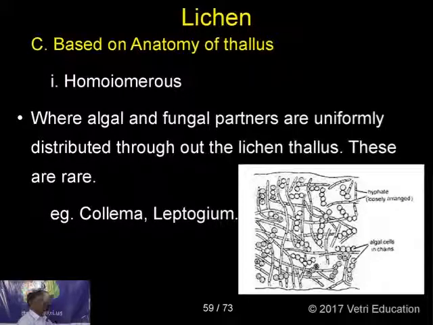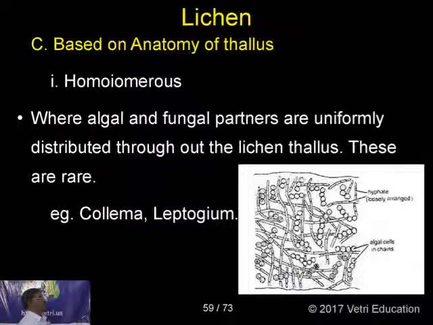So the third classification: the first classification was based on the thallus, the second on the fungal partner, and the third is based on the anatomy of the thallus, or the internal structure of the thallus. Based on this, lichens are divided into two types.